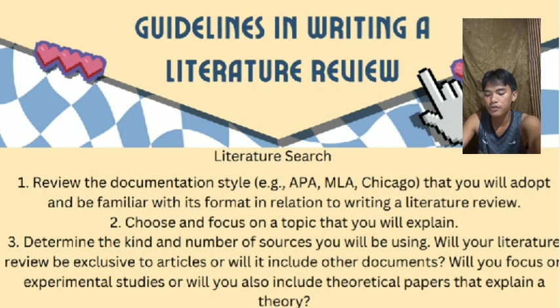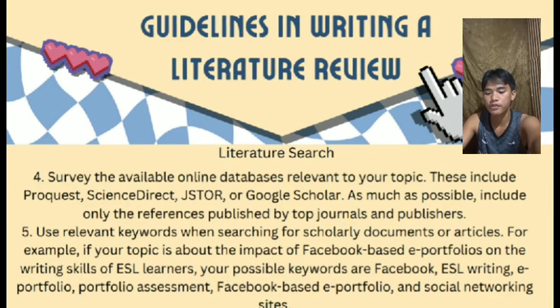Choose and focus on the topic that you will explain. 3. Determine the kind and number of sources you will be using. Will your review be exclusive to articles, or will it include other documents? Will you use experimental studies, or will you also include theoretical papers?